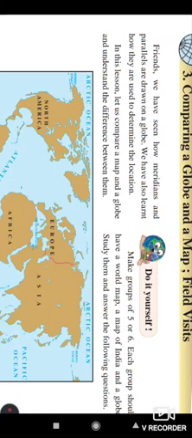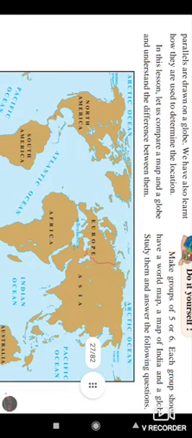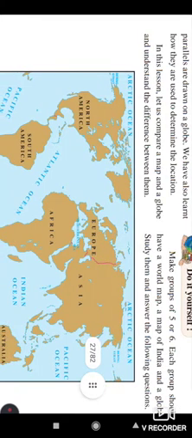We have also learned how they determine the locations on the globe. To understand, in this lesson, let us compare a map and a globe and understand the difference between them.